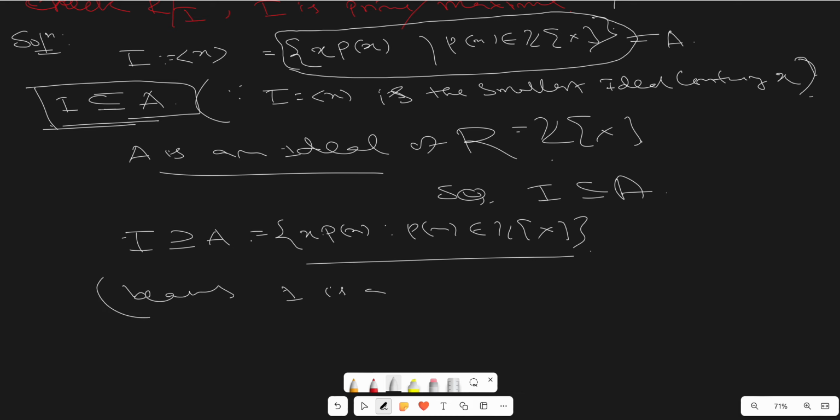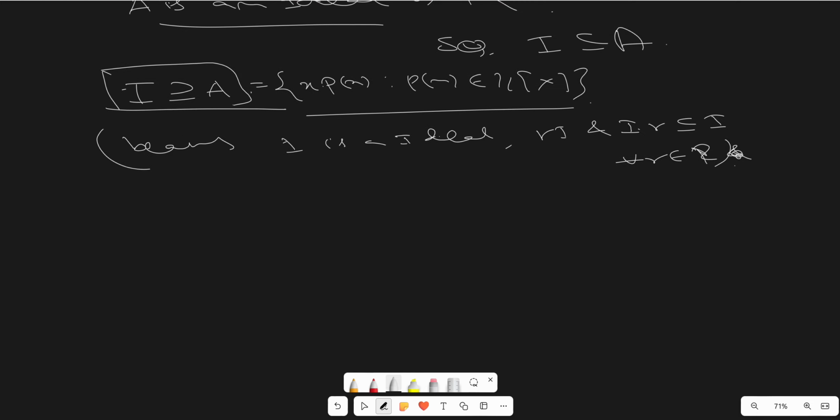I is an ideal, so r·I and I·r are contained in I for every r inside R. Because I is the ideal generated by only x, x·p(x) is contained in I. So this is also clear.